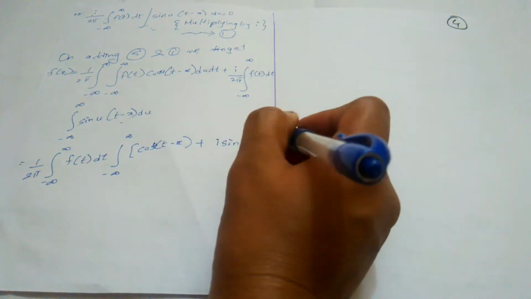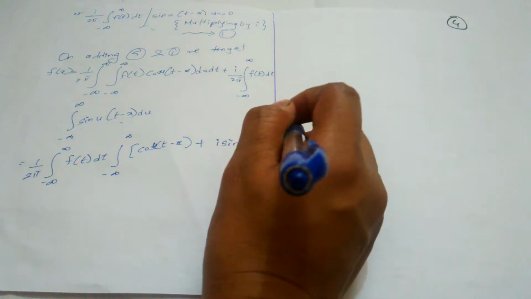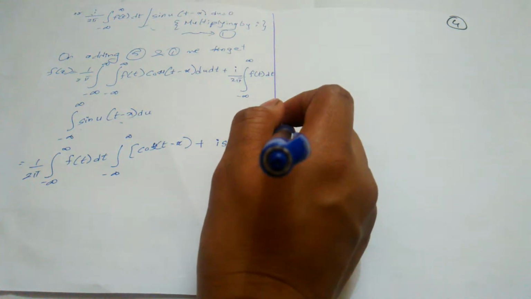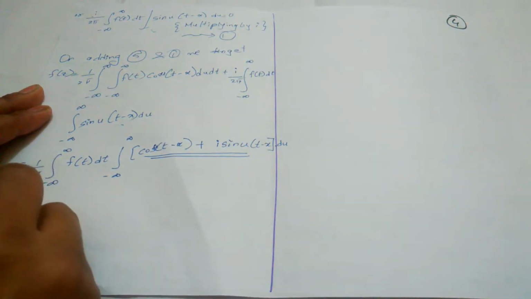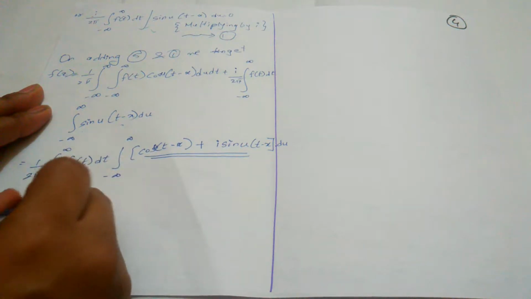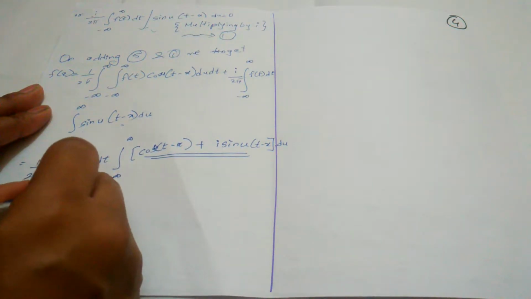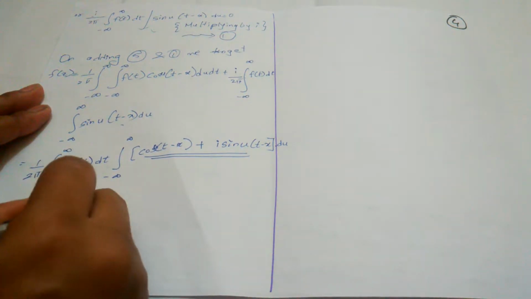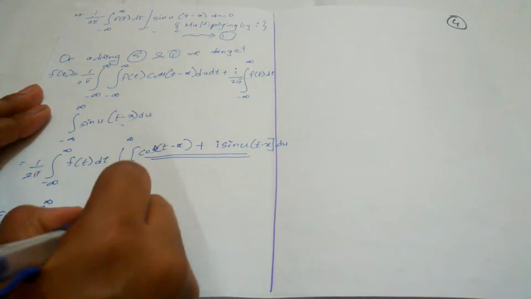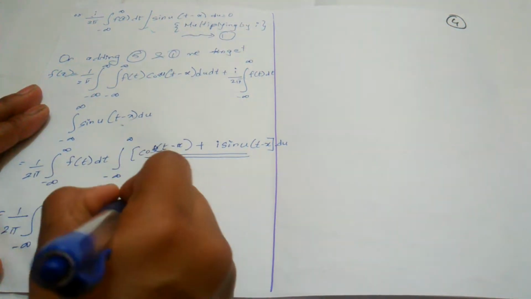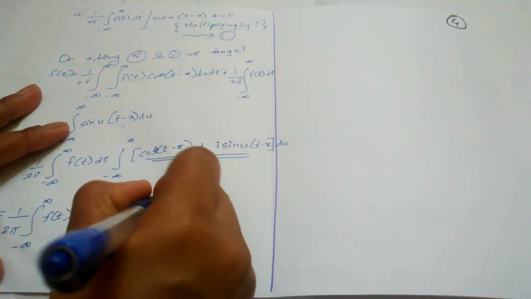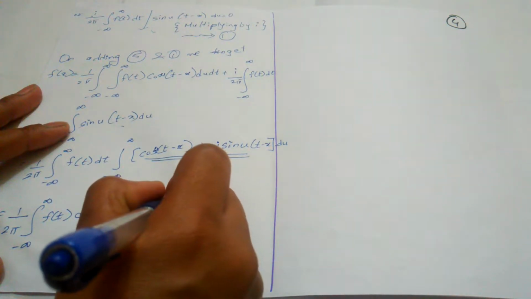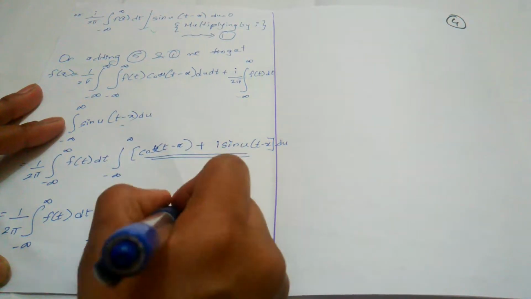Okay, so the whole thing will be into du. Then in the next step we have to replace this term. So we will be replacing it by 1 upon 2 pi integral minus infinity to infinity f of t dt, integral minus infinity to infinity e raised to iu(t minus x) du.